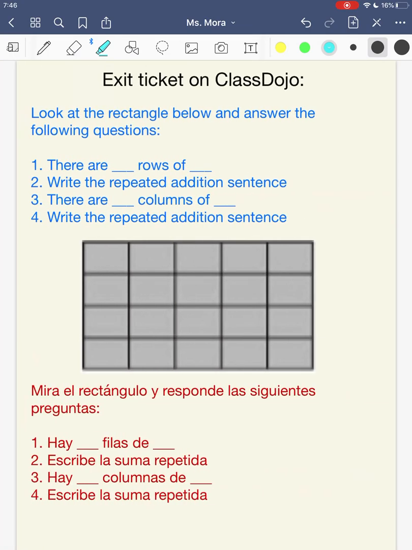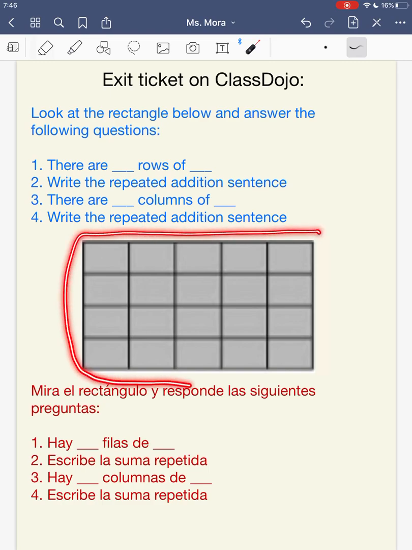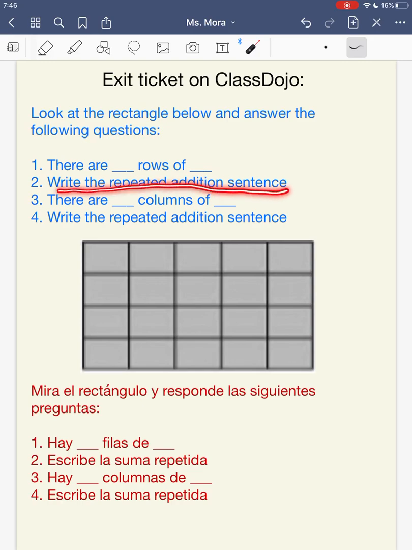Okay guys, for your exit ticket that you're going to turn in, okay, so it says look at the rectangle below and answer the following questions. So this is a rectangle that you're going to be thinking about, okay. You're going to tell me there are blank rows of blank and write the repeated addition sentence that matches the rows.